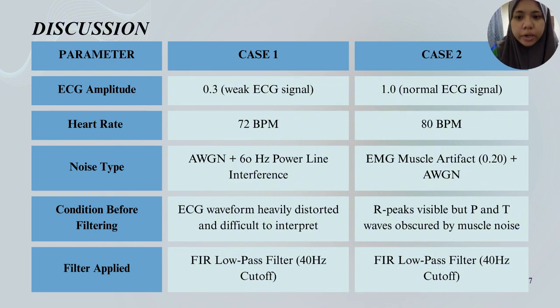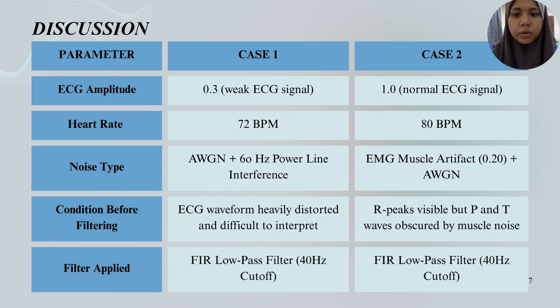So for case 1, a weak ECG signal with an amplitude of 0.3 was corrupted by AWGN and 60 Hz power line interference. As a result, the ECG waveform was difficult to interpret, and after applying the FIR low pass filter with a cutoff frequency of 40 Hz, the high frequency noise was significantly attenuated, and the ECG waveform became much clearer.